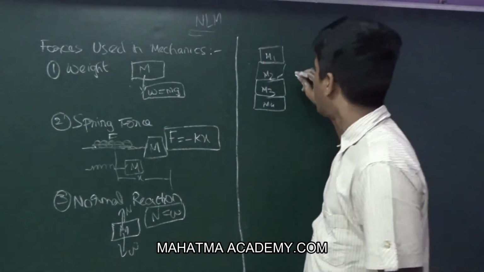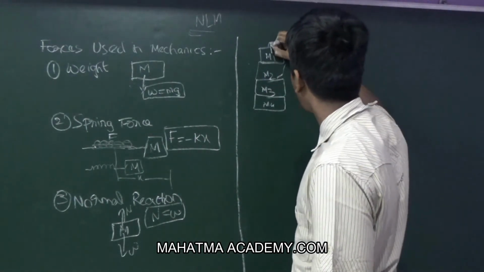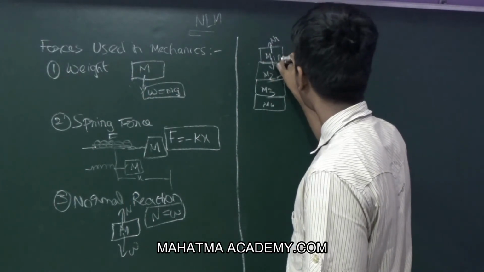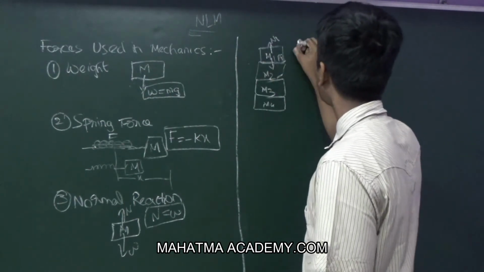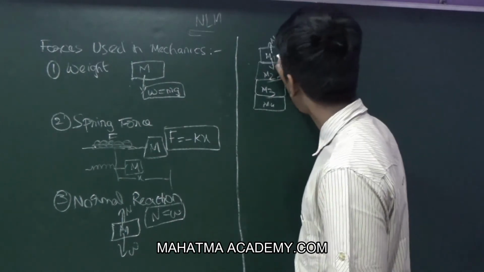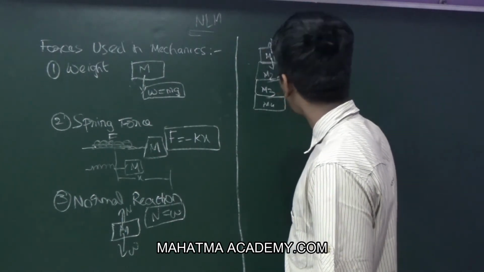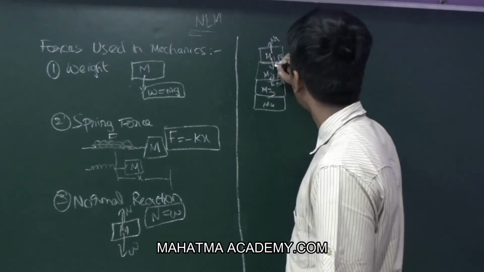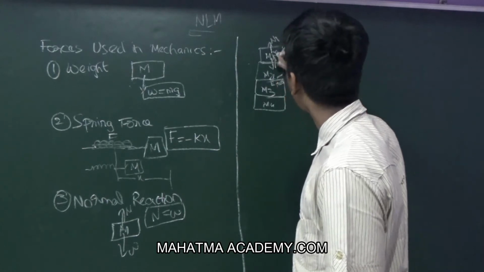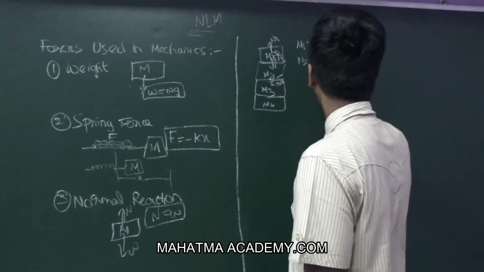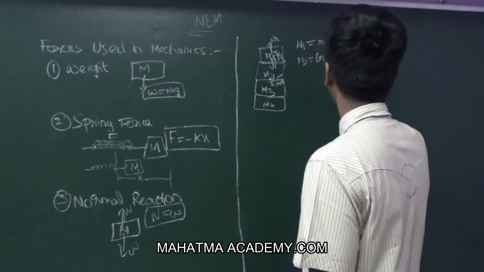For the first, it is N1 upwards and M1g downwards, so N1 is equal to M1g. For the second, the downward force is M2g plus the force from the first block, so the normal upward force N2 is equal to M1 plus M2 into g.